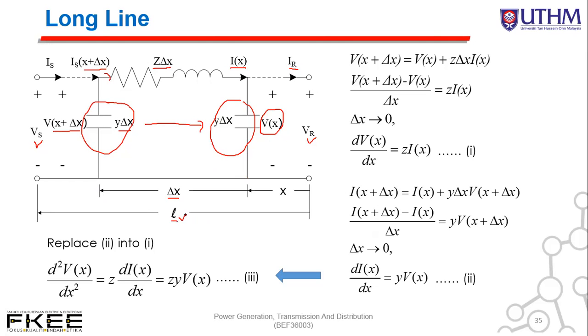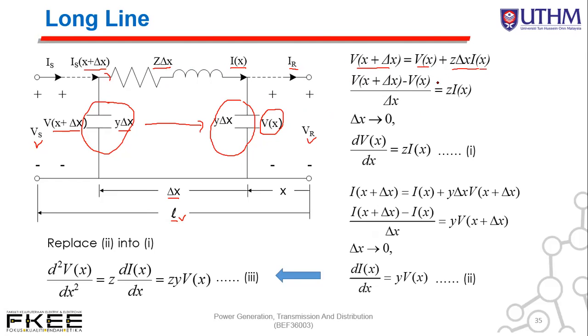So from this circuit we can make the first equation. At this point, Vx plus delta x is nothing but Z delta x times Ix plus Vx. So Vx is here, and Z delta x times Ix is the voltage drop across the transmission line.